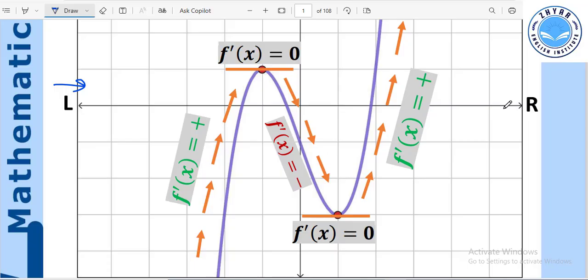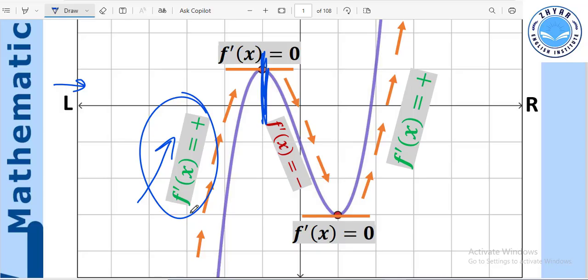This graph from left to right, it's going up until here. Since the graph is going up, we call this interval increasing. And when an interval is increasing, f prime is going to be positive. The opposite is also right. If f prime is positive for some interval, then this interval is going to be increasing.